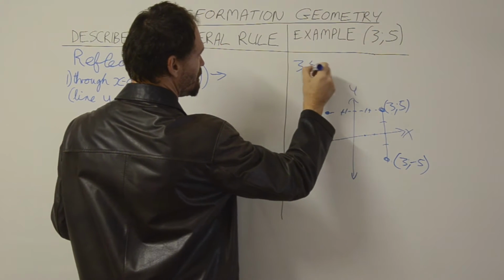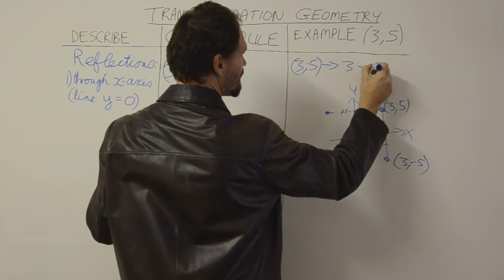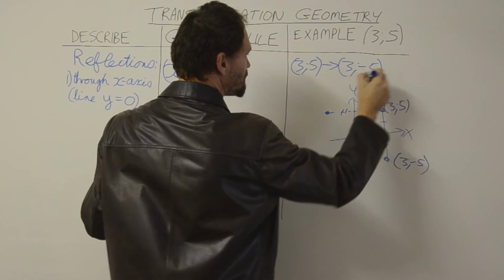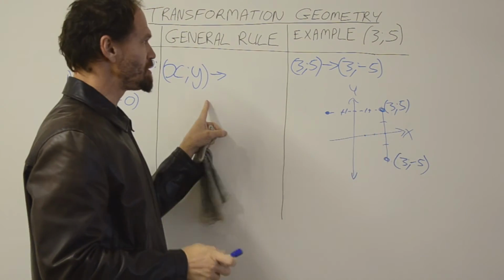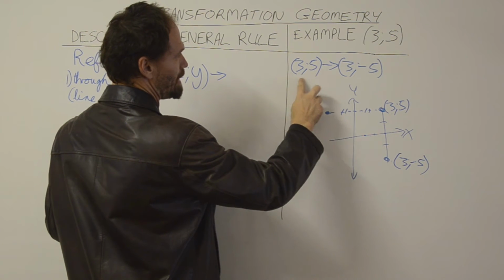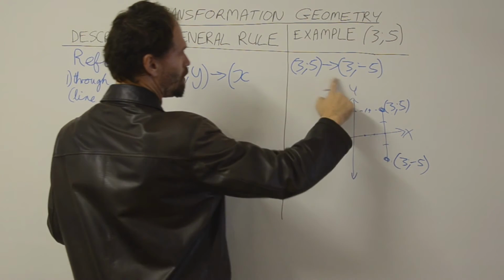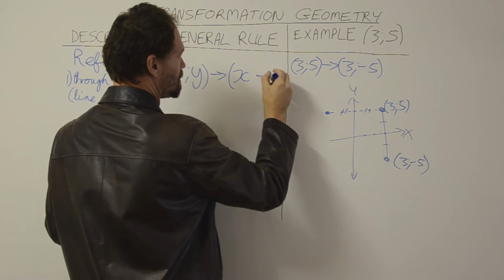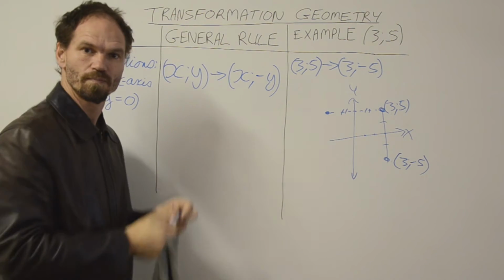The point 3, 5 becomes 3, negative 5. And that's usually the easy way, to use a point to work back to my general rule. So what happened to my x, y? My x stayed x. My y became negative y. And that's my general rule.